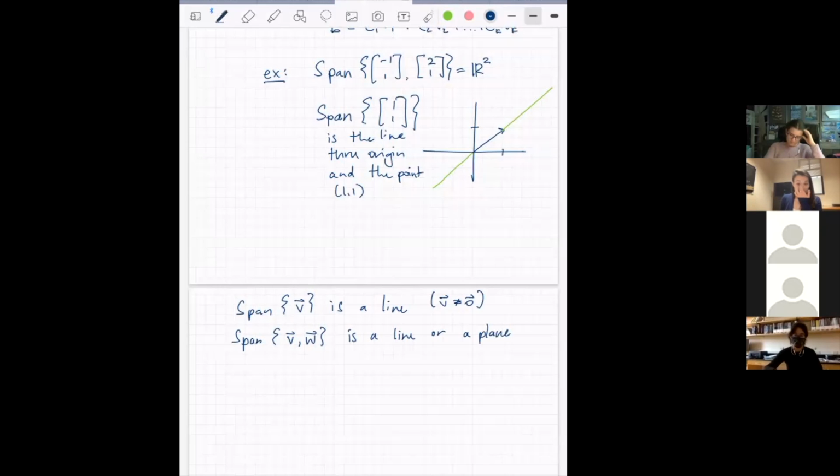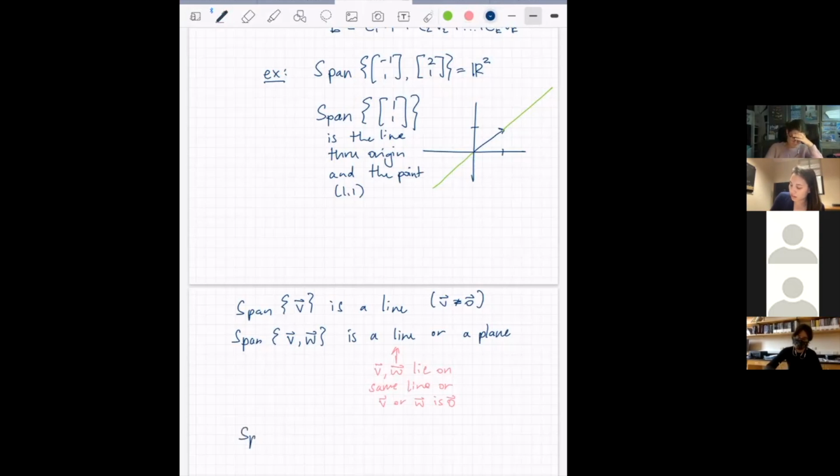The case in which you get a line is because either your vectors are collinear, meaning they lie on the same line, so v and w lie on the same line, or one of them is 0. That's what that would mean. Otherwise, you'll get a plane.